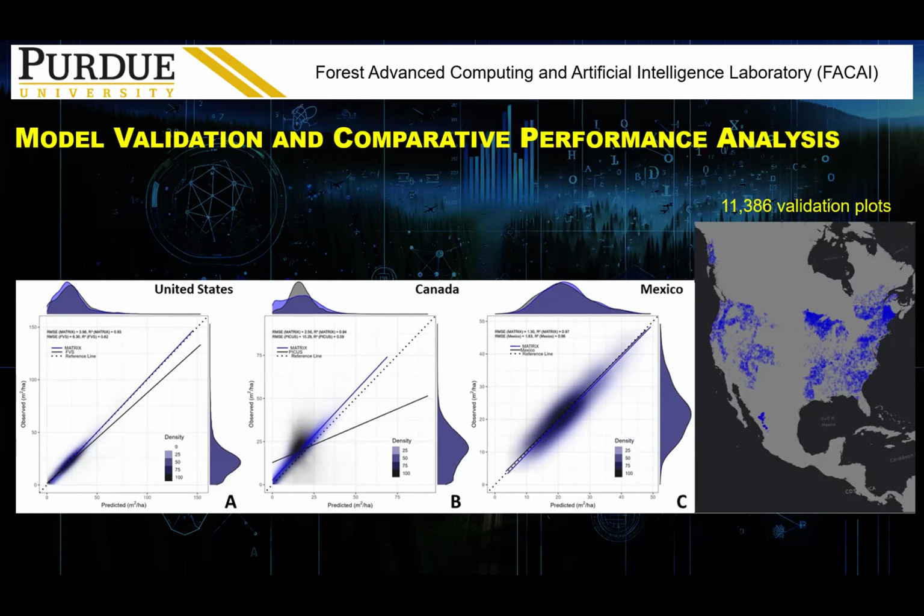And what we did is that we collected an independent set of post-sample validation plots, over 10,000 validation plots in 3 countries. And we made sure that neither the matrix model nor any of those benchmark models used those data in training, to ensure independence of all those validation plot data.